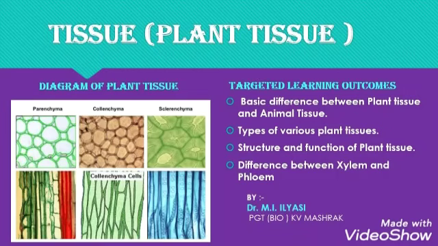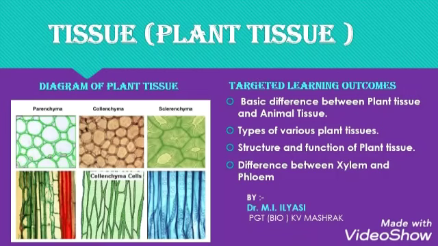Cork cells are dead and lack intercellular spaces. Their cell walls are thickened by suberin, which makes them impermeable to water and gases.